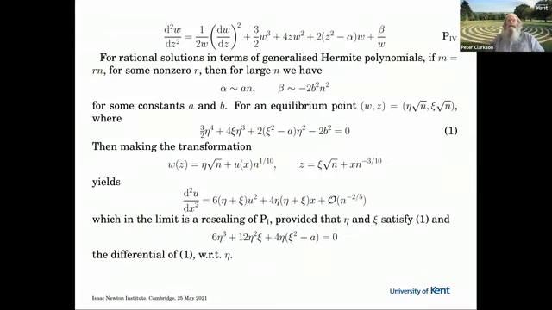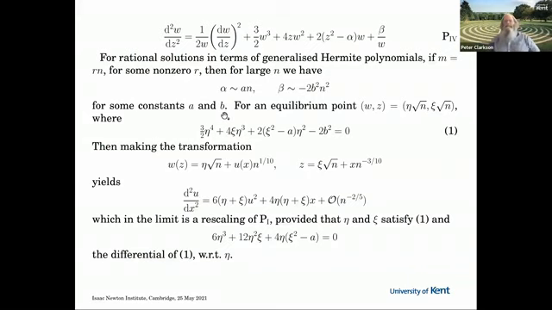Now, if you look at Painleve 4 in terms of the generalized Hermite polynomials, if m is r times n for some non-zero r, then we know that alpha and beta have a particular form: alpha is a multiple of n, and beta is minus 2b squared, so a multiple of n squared, for some constants a and b.